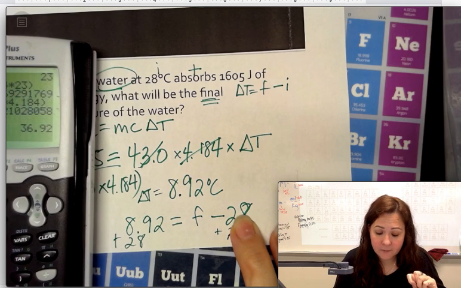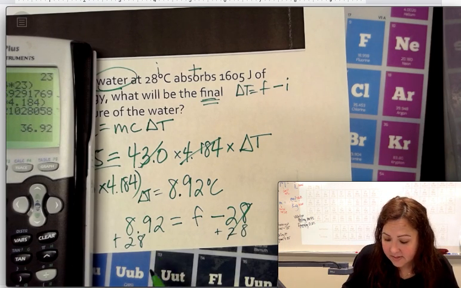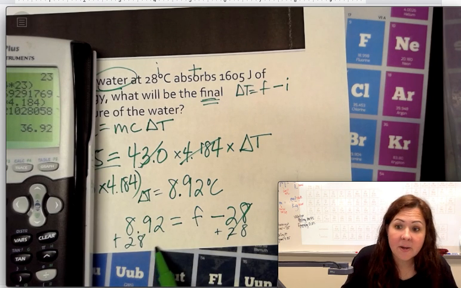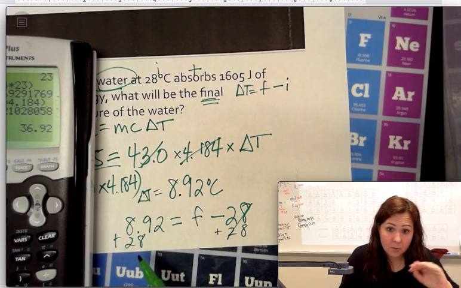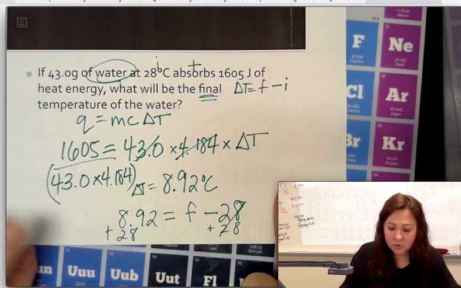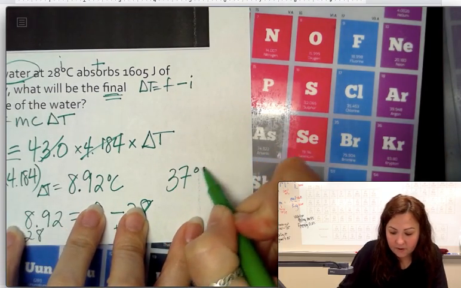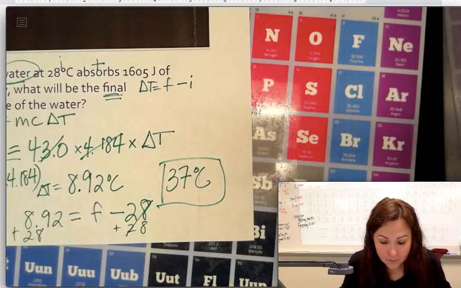Adding and subtracting for sig figs, I'm going to use the least amount of decimal places. It says 2 decimal places. This has 0 decimal places, so that means that my answer has to be a whole number with no decimal places. So my answer here, when I add those two values together, is 37 degrees Celsius for my final temperature.